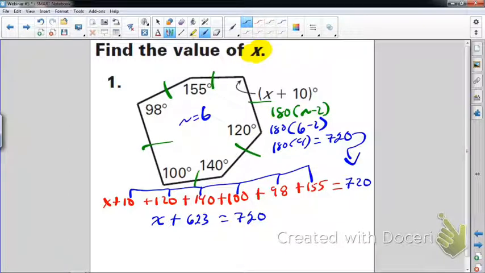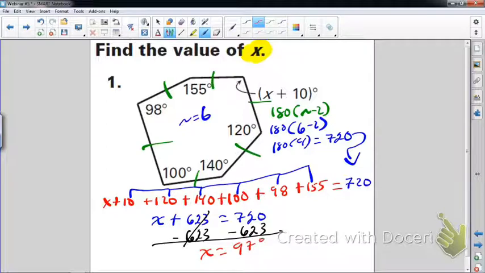And this is a one-step equation where we get to use the subtraction property of equality. So we get to subtract 623 from both sides. And in doing so, that simplifies, and we're left with x equal to 97. So x is 97 degrees.